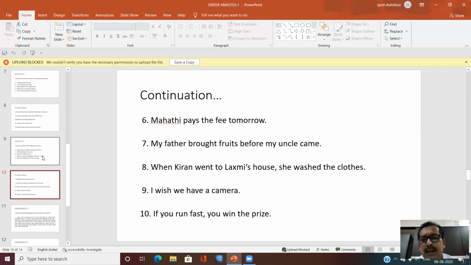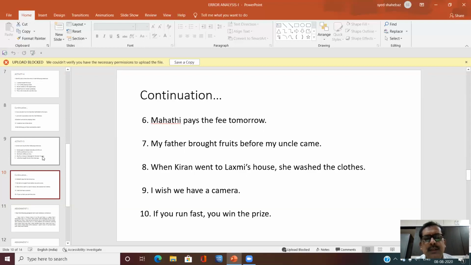What is the second action? Then the uncle came. So my father had brought food before my uncle came. That is the grammar rule.